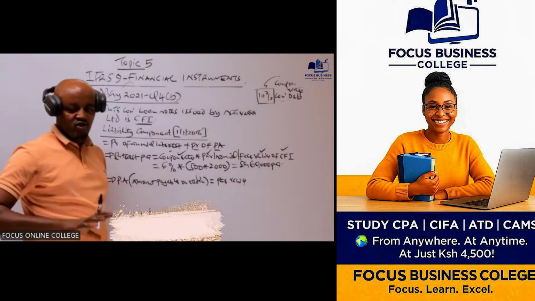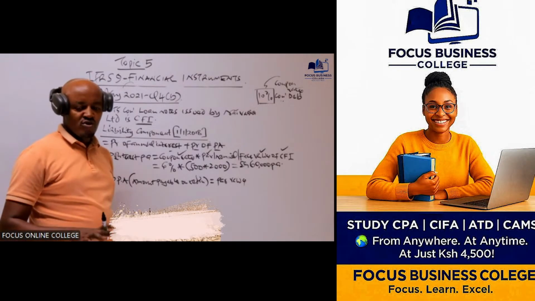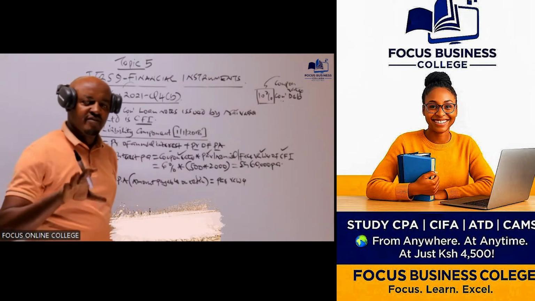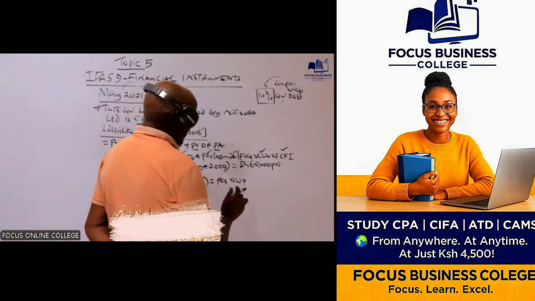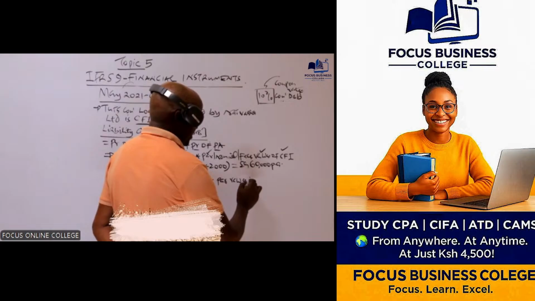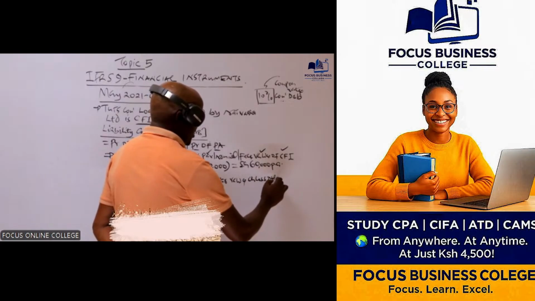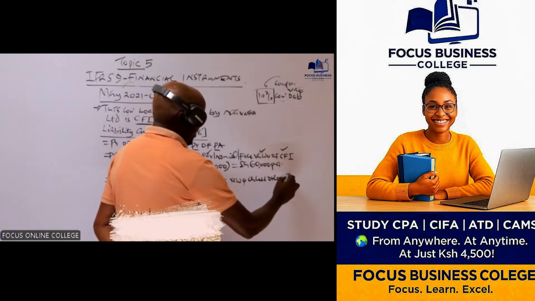If you have invested 2 million in treasury bonds, once they mature, you should be given back your 2 million. Yes, so they're redeemable at par value unless otherwise stated.